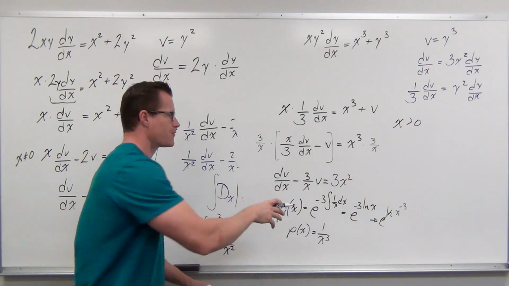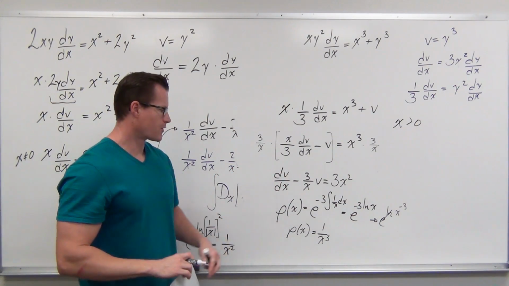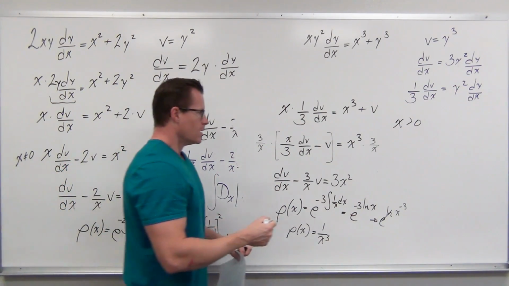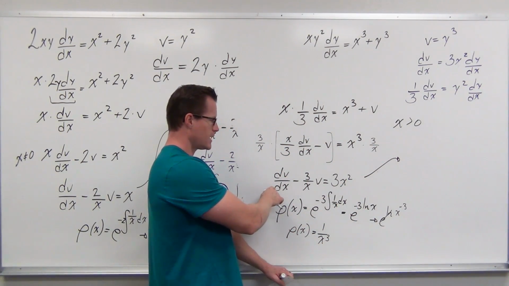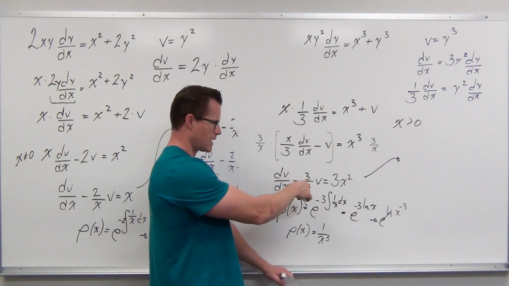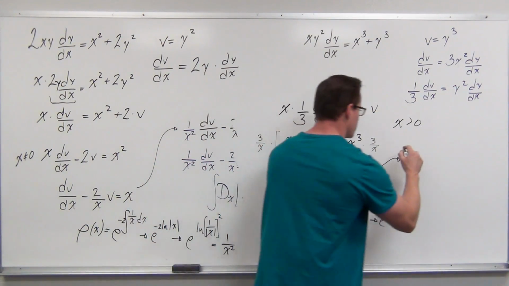Let's multiply everything here in this nice form of a linear by 1 over x cubed. If we do that, well, we still have dv dx, we still have 3 over x times v, we still have 3x squared, but now we're going to multiply by 1 over x cubed.